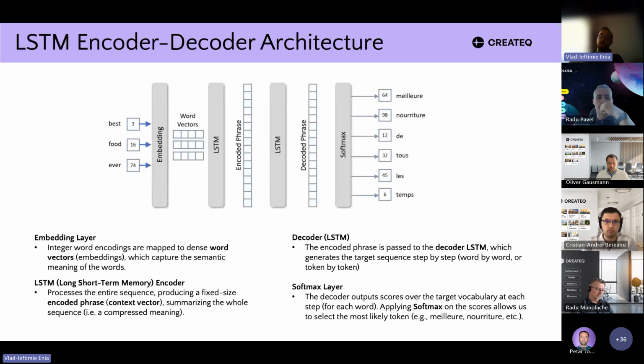One step above these recurrent networks is the long short-term memory, or LSTM, encoder-decoder architecture. We still embed the vectors of the words. Of course, we need embedding vectors. We will have a network that is called the encoder here, which will output an encoded phrase. This encoded phrase is called the context vector.